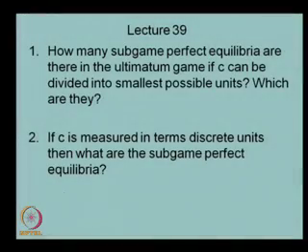How many subgame perfect equilibria are there in the ultimatum game if C can be divided into smallest possible units? Which are they? So, try to remember the ultimatum game. First, player 1 makes an offer. He basically is deciding x such that this x is something which will go to player 2, and if x goes to player 2, player 1 will be left with C minus x.